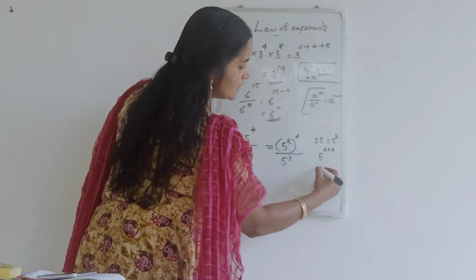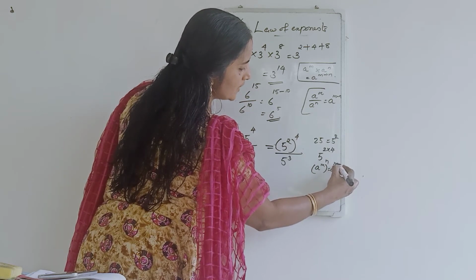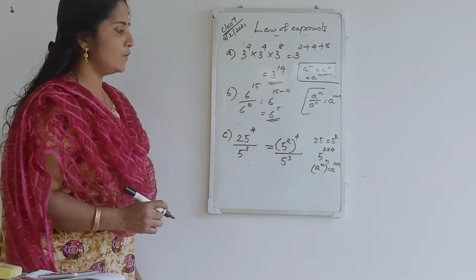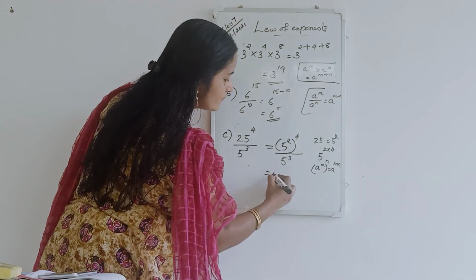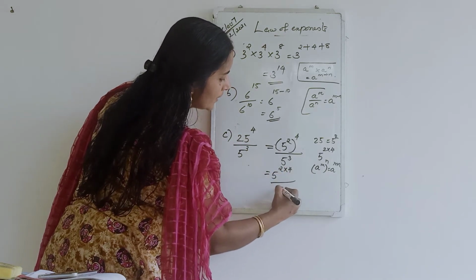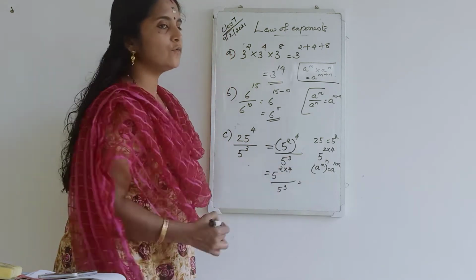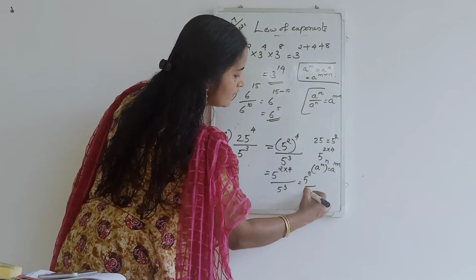So 5 raised to 2 into 4 by 5 cube. 2 into 4 is 8, so we get 5 raised to 8 by 5 raised to 3.